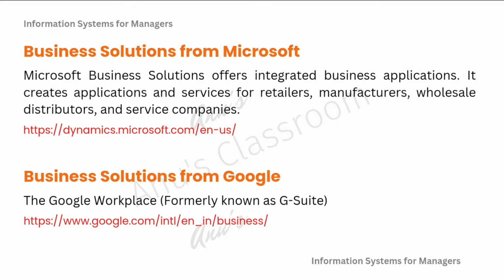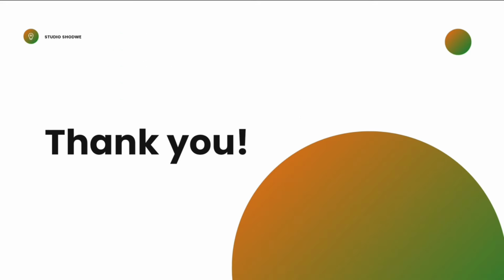To know about that, you can go to google.com/intl/en_in/business. If you go to any of these sites, you will find that before recommending a software, they'll say these are the softwares available, but then they'll ask what your requirement is, what your business is like, so that they can collect this data and give you a much better offer that is suited to your business needs.